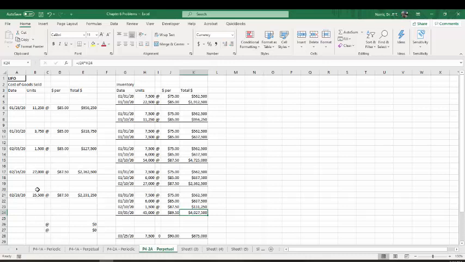Then we make the purchase on March the 5th of 45,000 units.